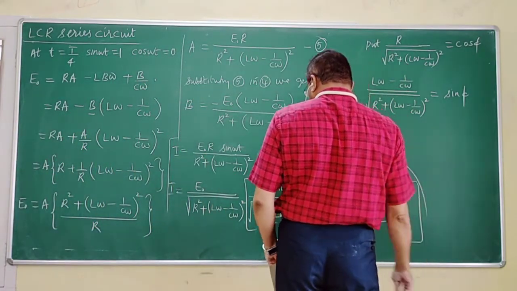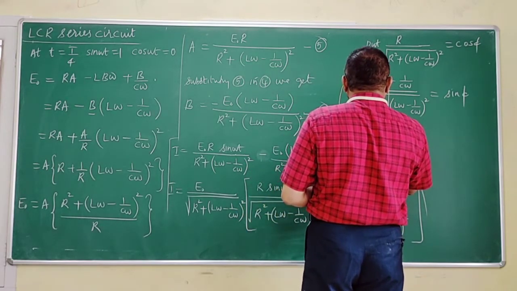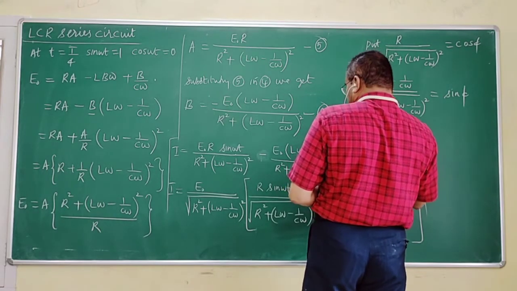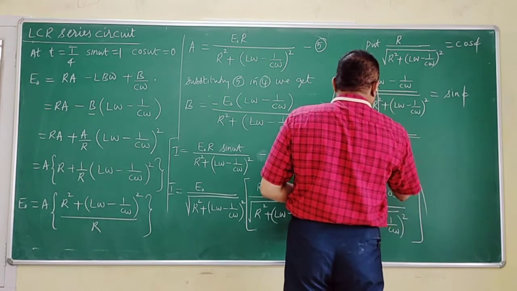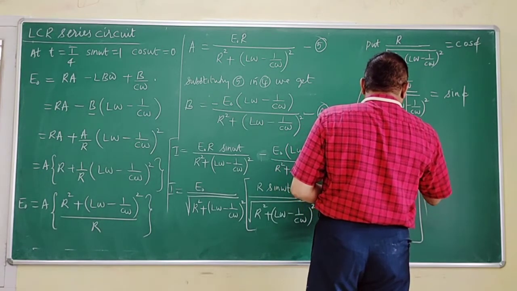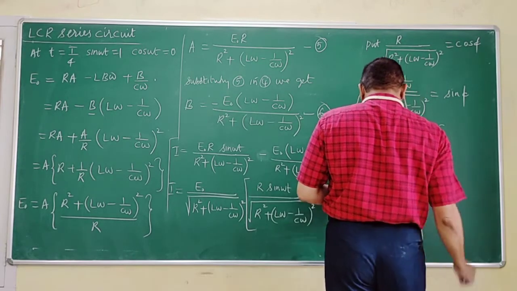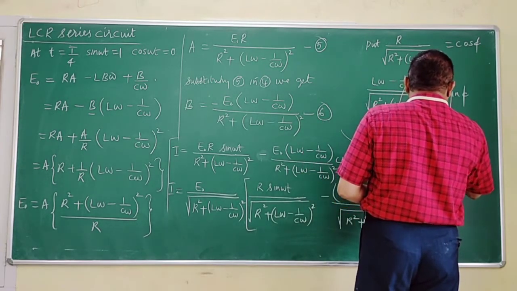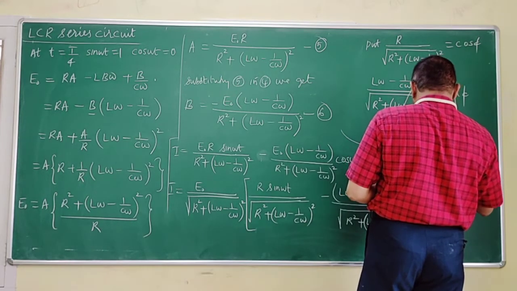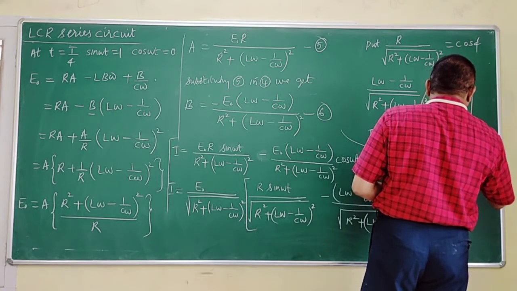I will be equal to E naught upon under root of R square plus L omega minus 1 by C omega the whole square into sin omega t cos phi minus cos omega t sin phi.